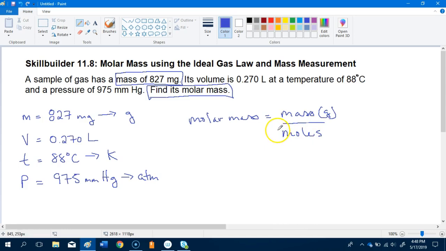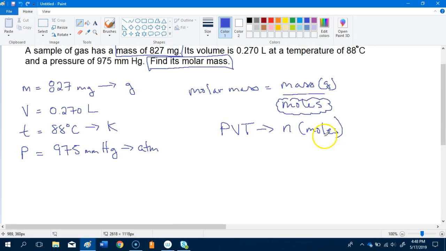I don't have moles, so I'm going to use the ideal gas law, which uses pressure, volume, and temperature to find moles, which is that n value. So find the moles, then use that and the mass to find molar mass. That's the path that I am going to use.